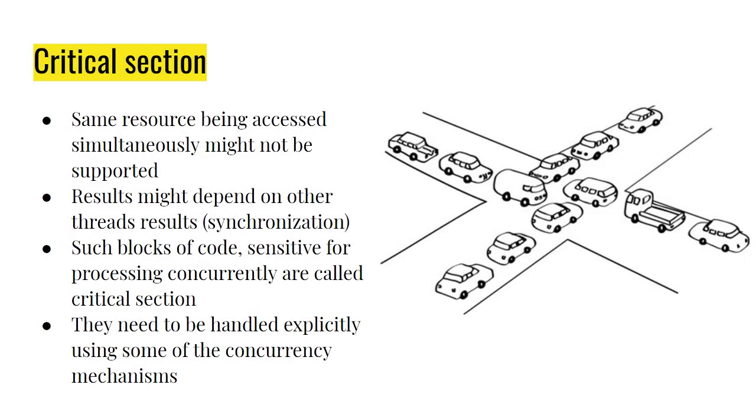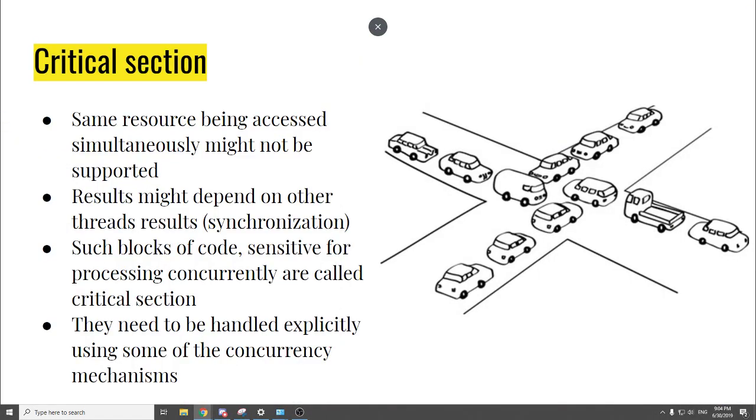The first problem coming from multithreading is the critical section. I mean, that's the whole thing which makes it so hard with multithreading. A critical section is basically a resource, a section where multiple threads can call it at the same time.